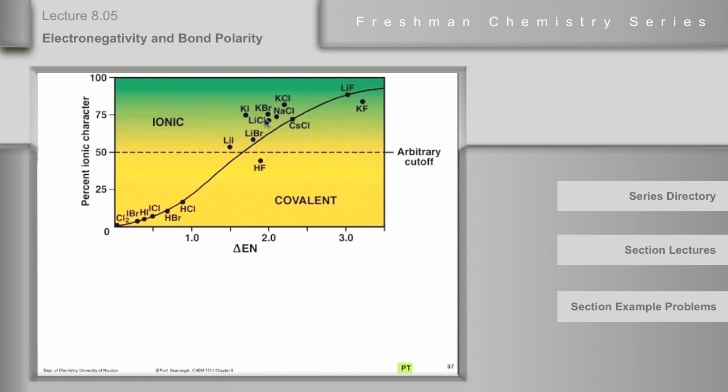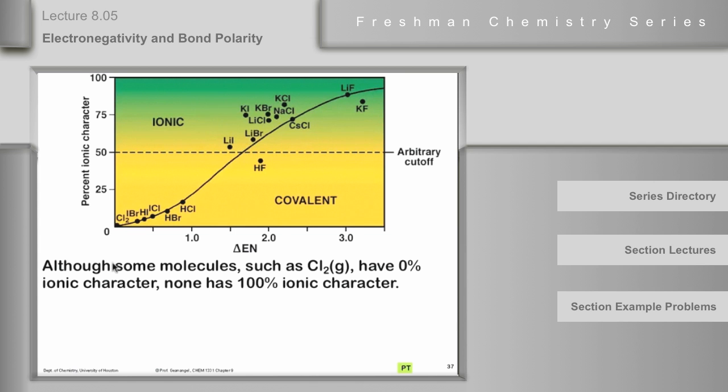But up here, above the 50%, there's a grouping of compounds whose properties clearly show they are ionic. And down here below, we have properties that are molecular, meaning that the substances exist as uncharged molecules. And as we get further and further down the line here, an electronegativity difference of 0 leads to about 0% ionic character.